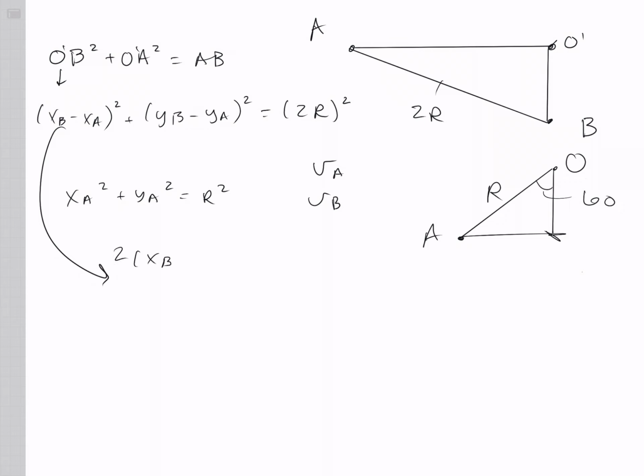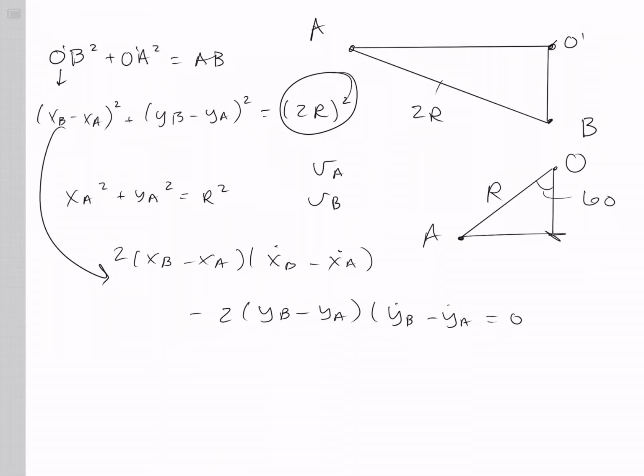If we take that first side, we get 2(xb minus xa), multiplied by the inside derivative, xb dot minus xa dot, minus 2(yb minus ya) times (yb dot minus ya dot), and that equals 0 because the (2r) squared is constant. That means that it's not changing, and we know immediately that the derivative is 0. And these 2's can be canceled out, and now we just have a pretty equation with dots and no dots.